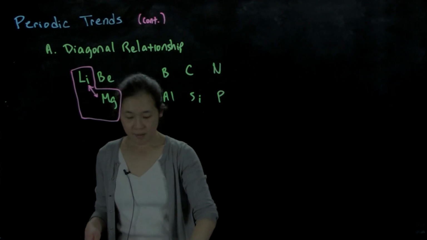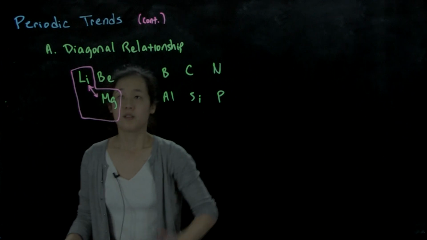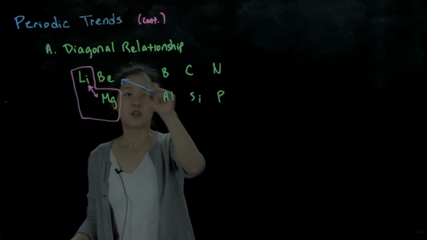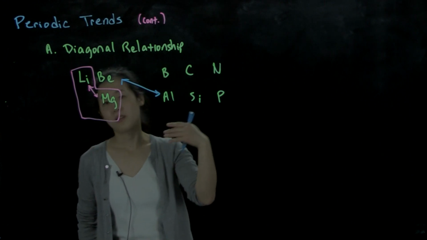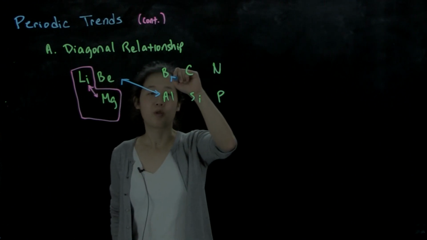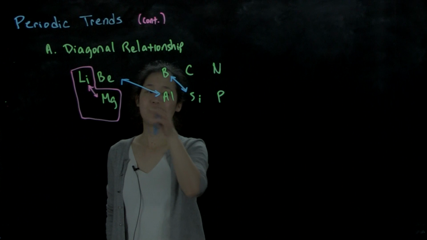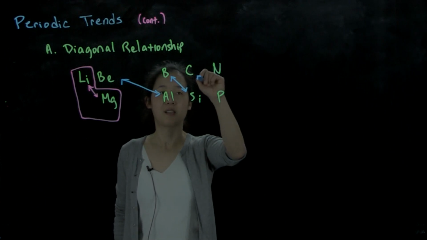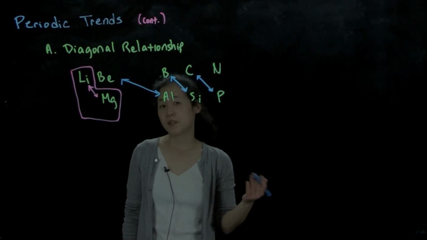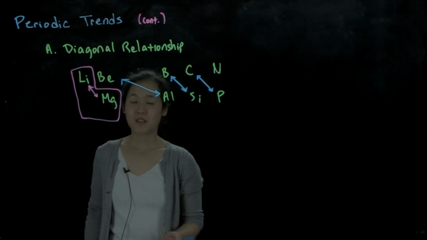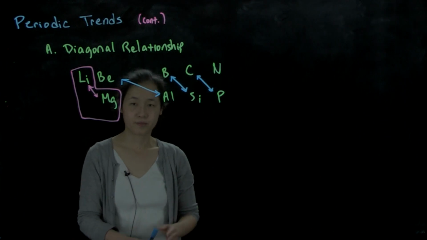So again, we have that same diagonal relationship: beryllium 2+, aluminum 3+, boron, silicon, et cetera. That's the so-called diagonal relationship, that they're very similar. And that's all you have to know, that they can occasionally substitute for each other.